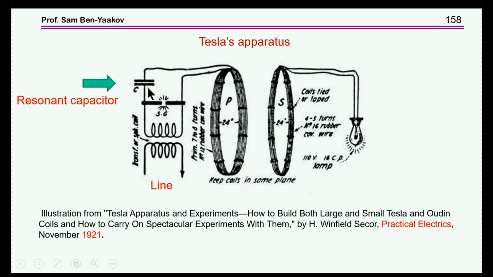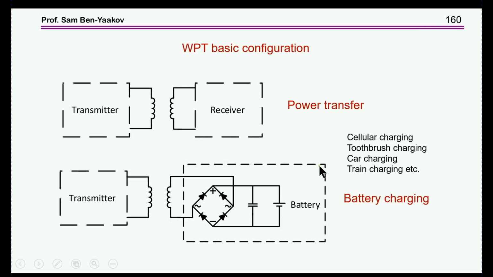Obviously, the resonance here is at high frequency, and the high frequency is obtained by the sparker, because the spark has a high frequency content. So some of the frequencies are captured in here, and this is transferred, the ingenious Tesla. And this is the basis of wireless power transfer today, for cellular, for cars, toothbrushes, whatever we do.